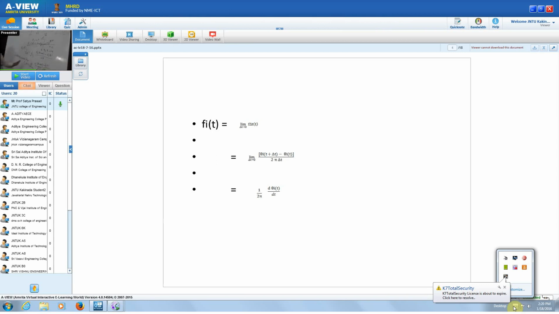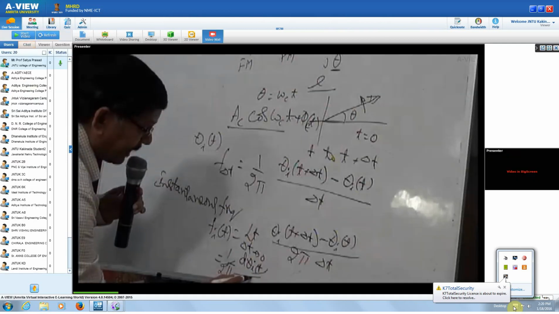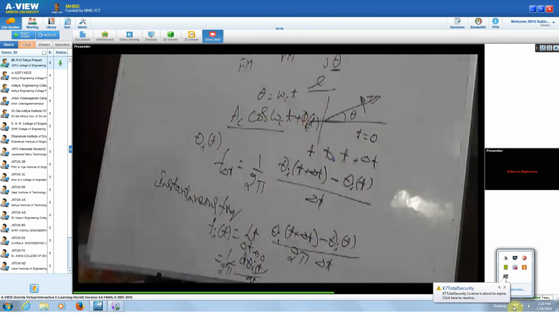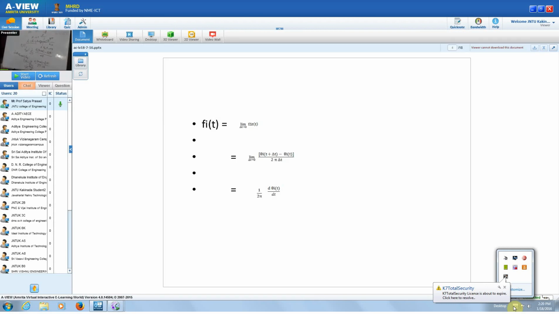So if we take out this 1 by 2 pi, what is the remaining thing? That is d theta i(t) by dt, the differential of theta i(t). Therefore, your f i of t is 1 by 2 pi times d theta i(t) by dt, the differential that we are going to have. So this is the instantaneous frequency with which your phasor is moving when theta i(t) is the phase variation that we are going to have.